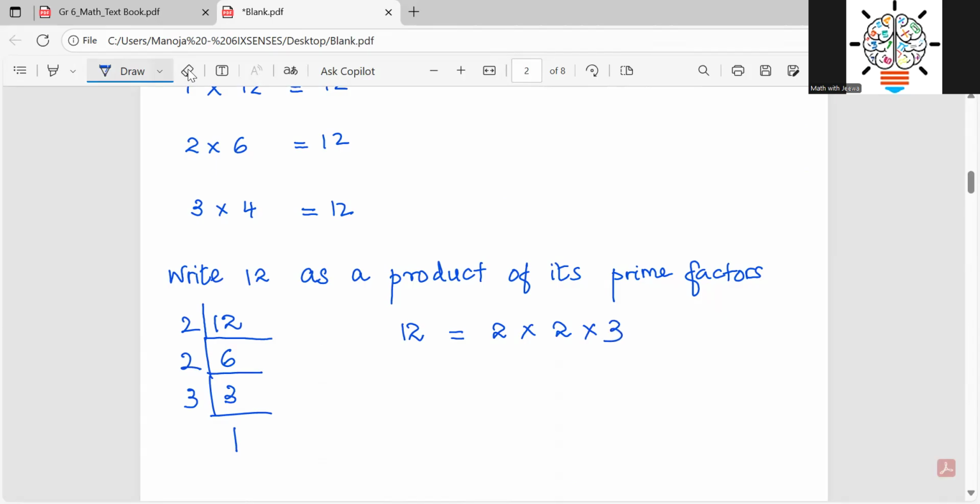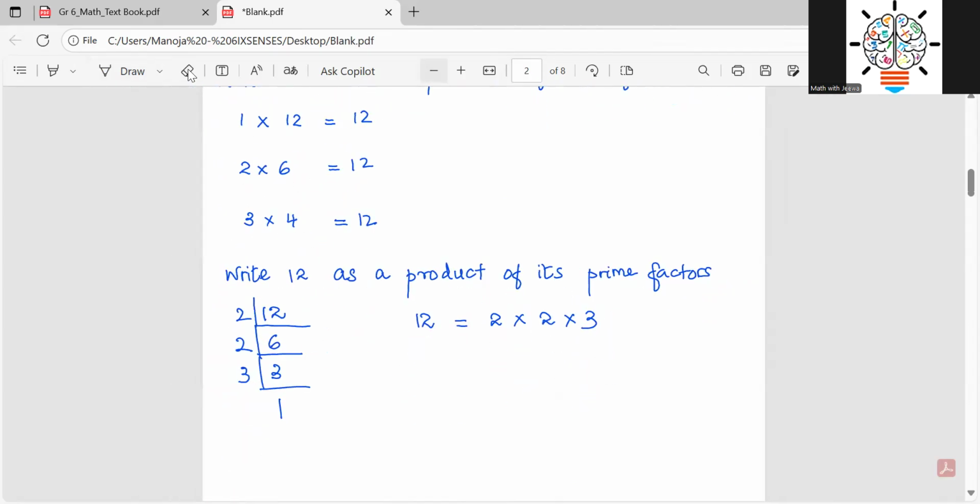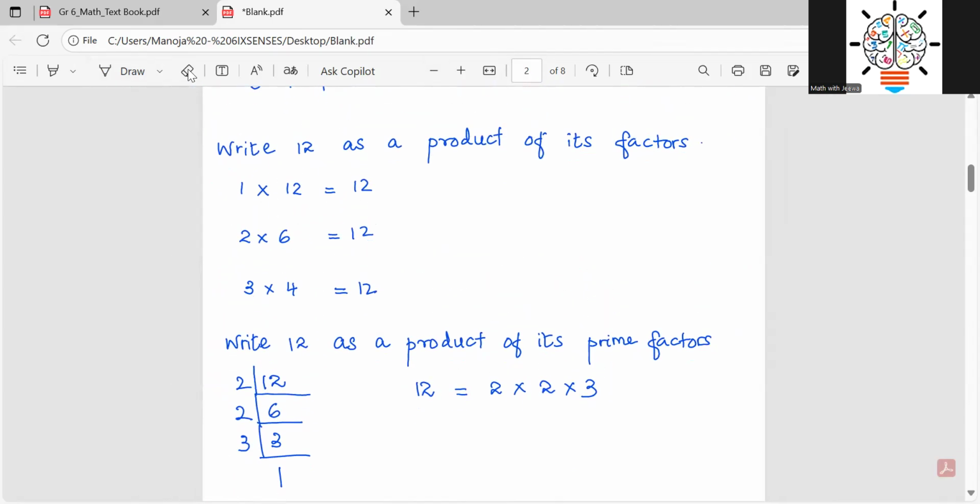Now you can see, children, if I ask you to write 12 as a product of its factors, you have 3 answers. But if I ask you to write 12 as a product of its prime factors, all of you have the same answer. 2 times 2, 4, 4 times 3, 12. That is how it works. But different teachers and different textbooks might explain this in a different way.